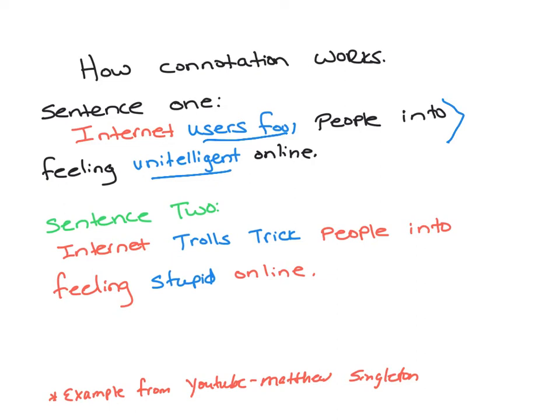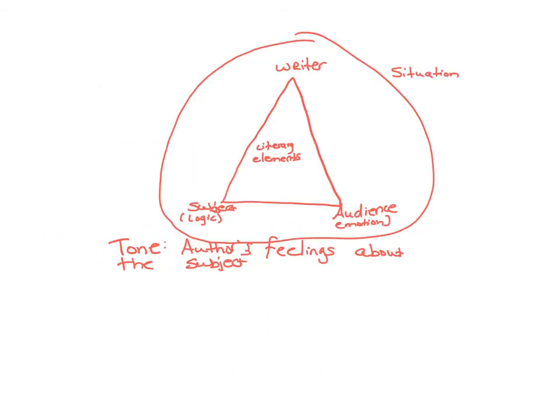But when you do the second one, internet trolls trick people into feeling stupid online, you're definitely manipulating the reader and you're getting them to feel angry towards internet trolls. Okay? And right or wrong, that's what's going on. And that's one thing to watch for when authors are writing.